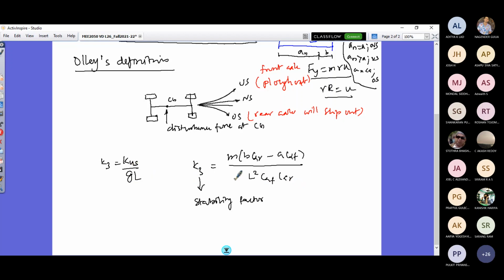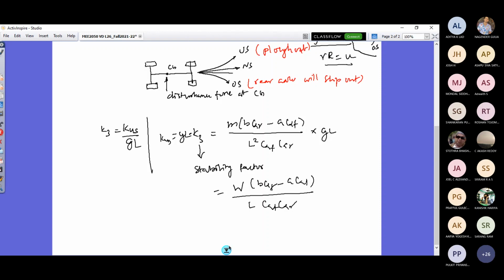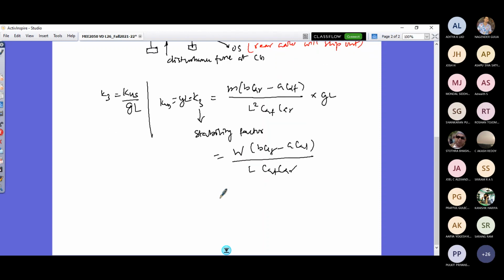So if I have to get KUS, multiply this by GL. Right? So if I multiply this by GL, then this is KUS. So what is M into G? That's W. So I would have W into (B C alpha R minus A C alpha F) by L C alpha F C alpha R. Now you know what WB by L is?